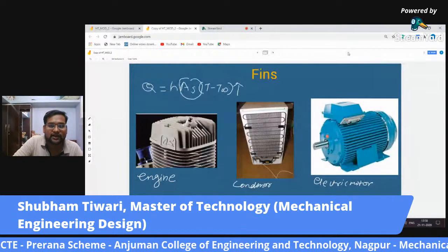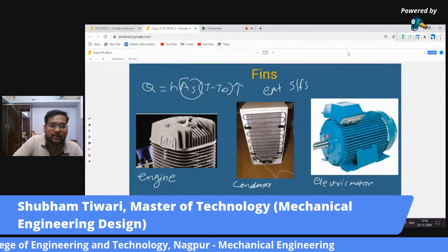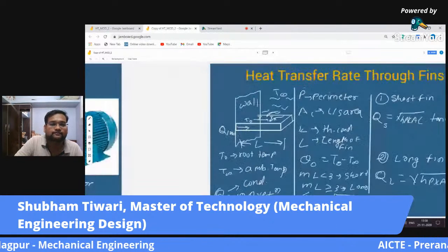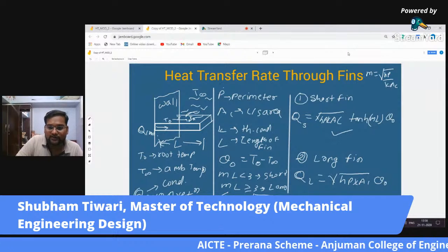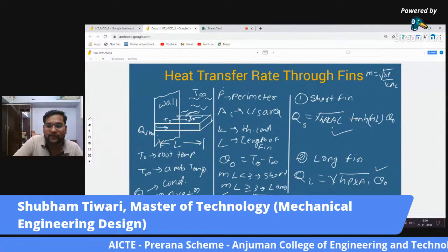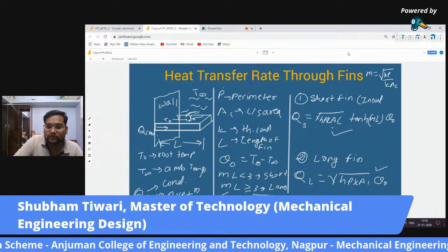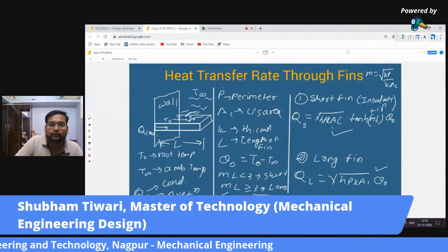Then we saw fins. Fins are nothing but extended surfaces which help in increasing your convective heat transfer. Then we found these important formulas for long fin and short fin. Short fins are also sometimes referred to as insulated tip fins.